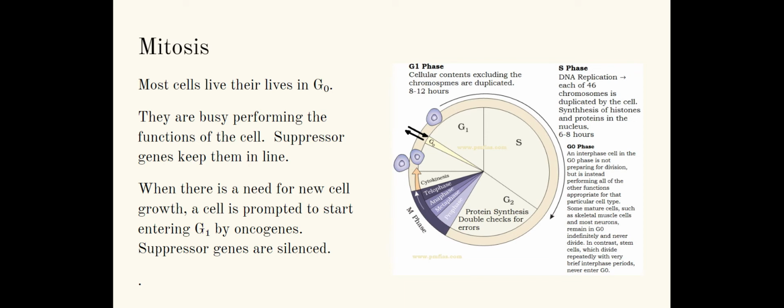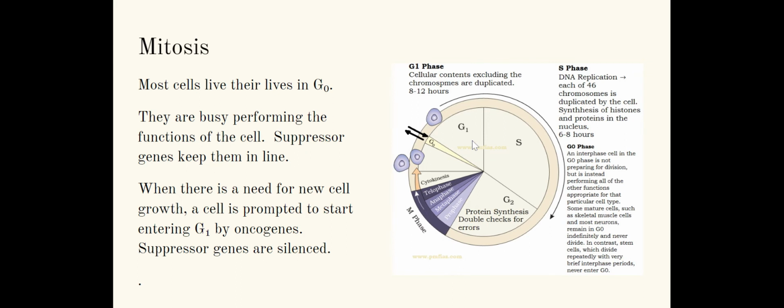They live in G0, and the suppressor genes make sure that they stay at their jobs, at their posts. However, when there's a need for new cell growth, that cell can be prompted to go into G1, which is the first phase of mitosis, by the oncogenes. Suppressor genes are silenced for that particular cell. So here, this is just a brief overview of the cycle.